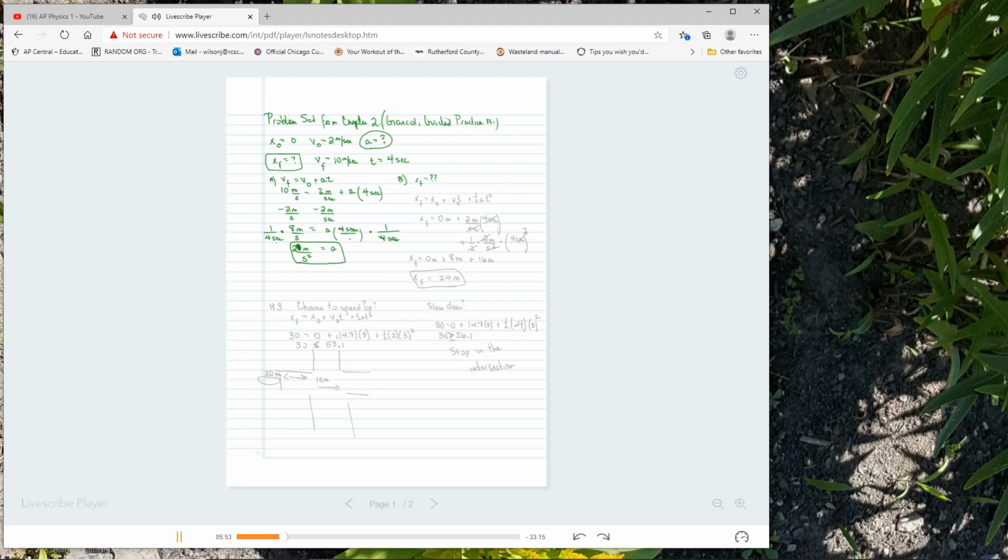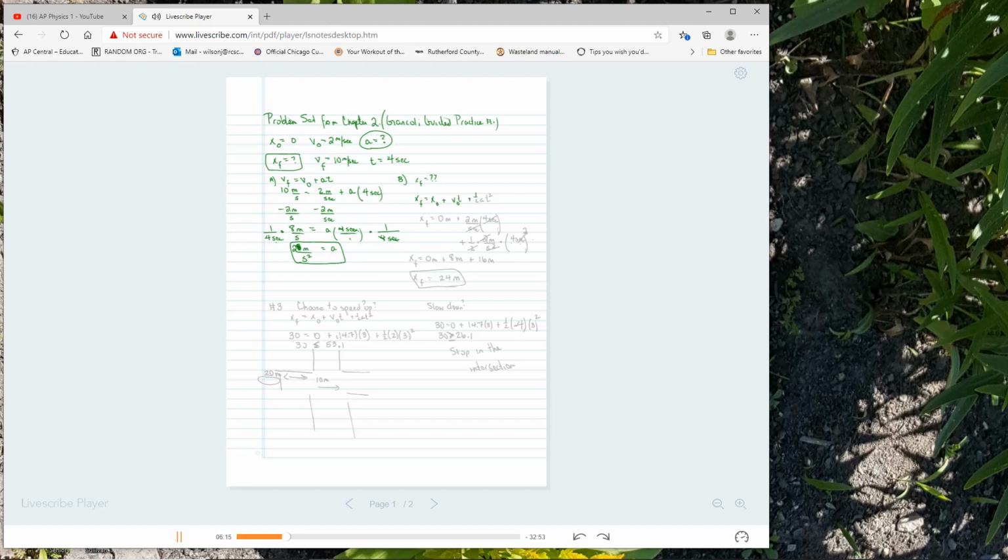Now, Dominic could go, I think I'll make the starting position 10. That's great. But then he'll have to remember to subtract from final to initial, things like that. But you can't do that. You can pick any number you want for the starting position. 0 is just easy.